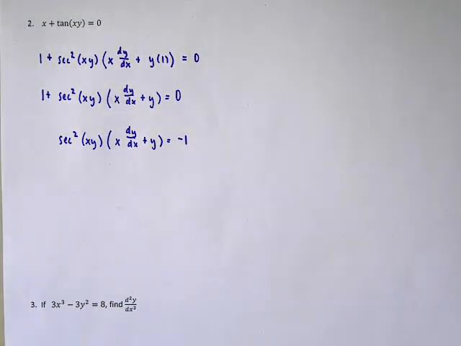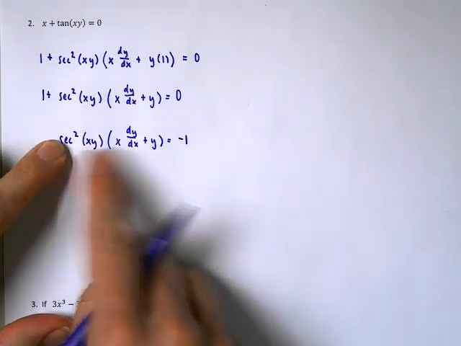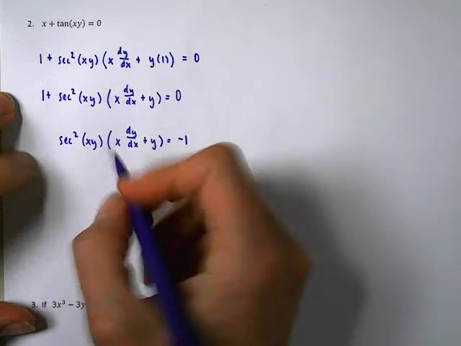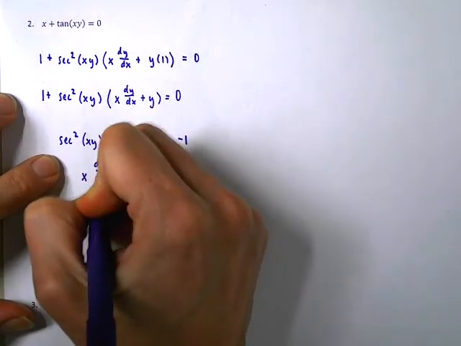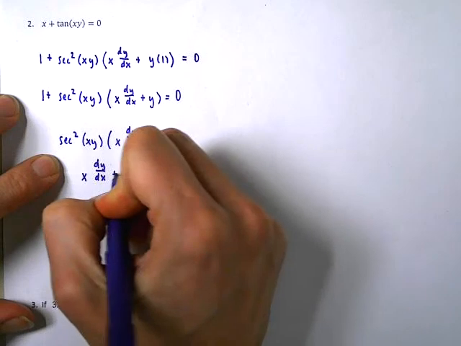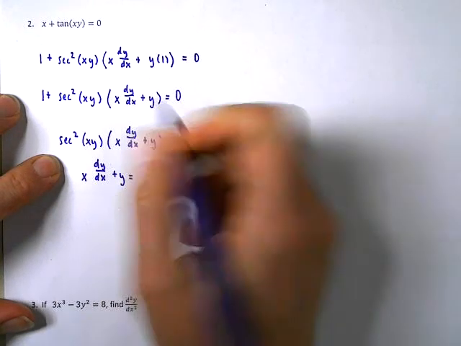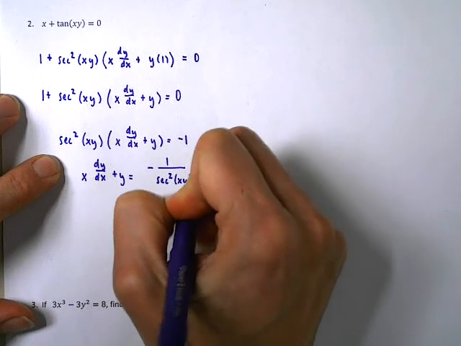Now, I'm going to get rid of the secant squared of xy. Since these two factors are multiplied together, I'm going to divide by my secant squared. So I'll have x times dy/dx plus y is equal to negative 1 over secant squared of xy.